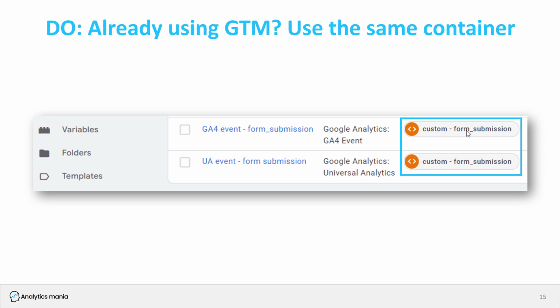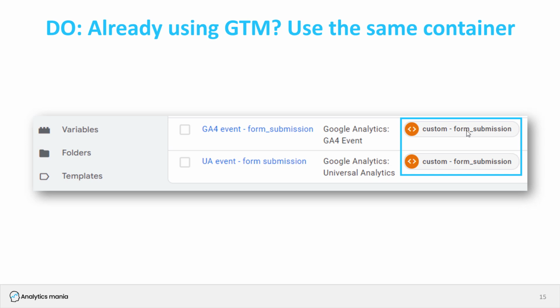Of course, in some cases, your current Google Tag Manager container and Universal Analytics setup might be a huge mess. So in that case, of course, this might not be that big of an advantage. And in that case, I've seen some people creating a new container for just GA4, a fresh start migration. And if that makes sense to you, I guess you could do that, but my recommendation would be to use the same container because everything should be stored in one place.